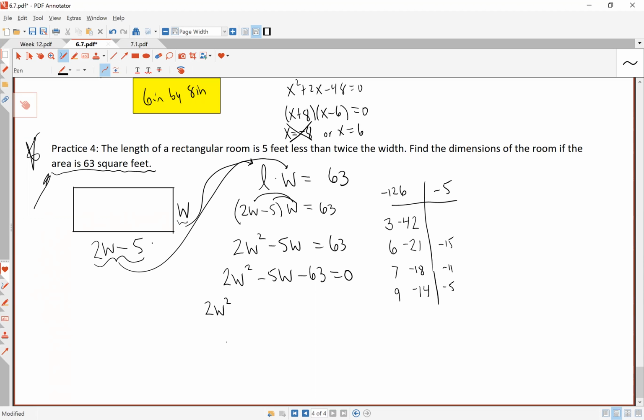So we place those numbers in there as 2W squared plus 9W minus 14W minus 63 equals 0. We factor out a W from those first two, W and 2W plus 9. And then we factor out a negative 7 from those two, which leaves us with 2W plus 9.